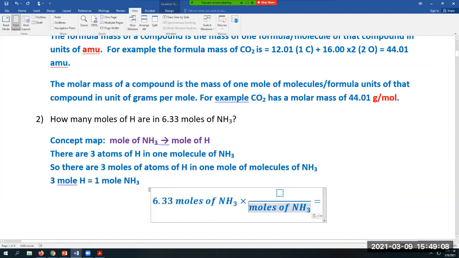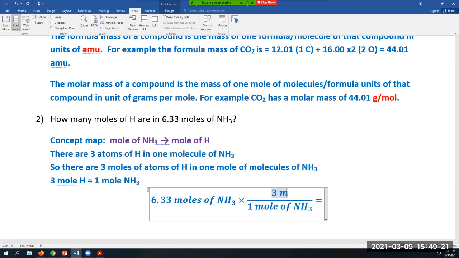So you want them in the denominator in the conversion factor. And the number of moles we have is 1 mole of NH3 for 3 moles of H. So what goes on top is going to be the 3 moles of H. And so this way, the moles of NH3 cancel. And I could show that briefly here.